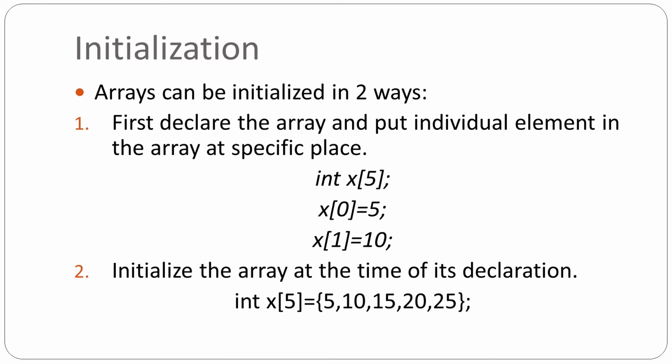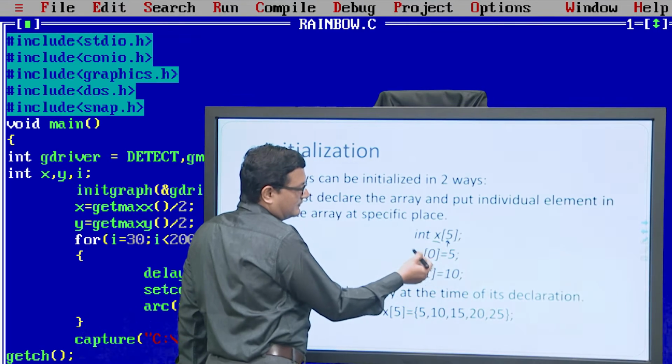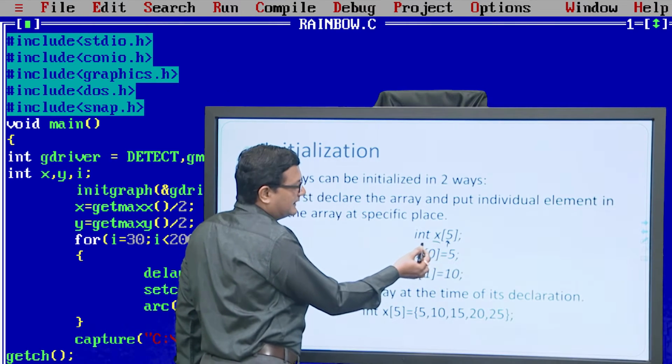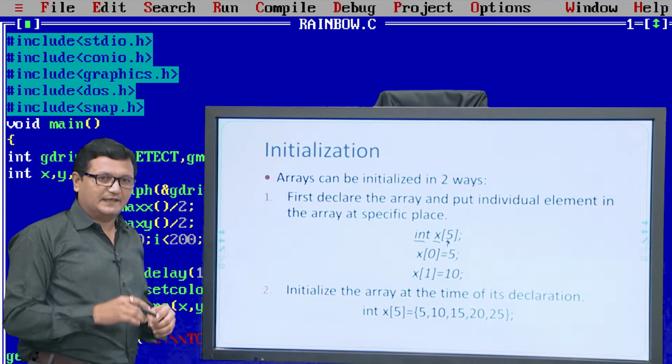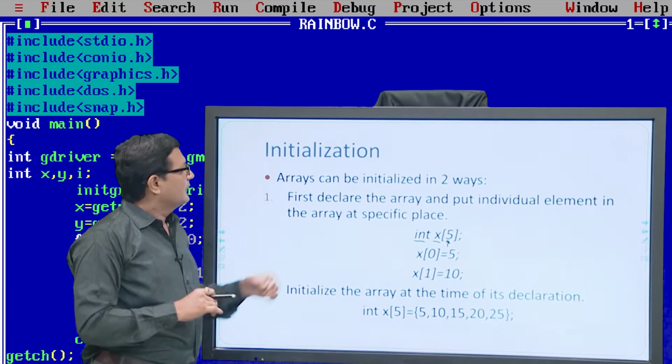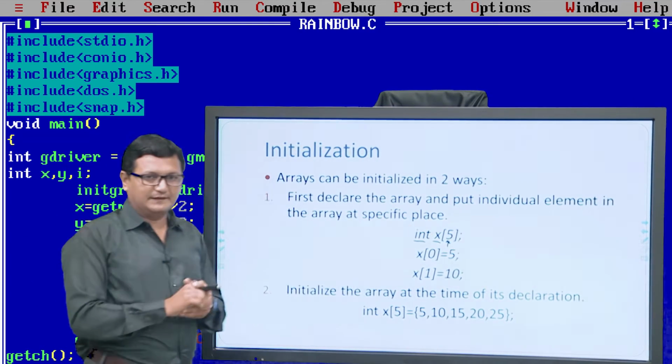The first thing: here we have declared an array x, and the size of the array x is 5. Which type of data can we store in x? Integer. That means x is an array and it can store 5 integer elements.